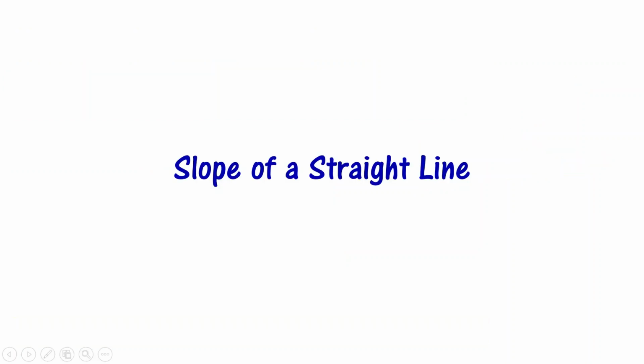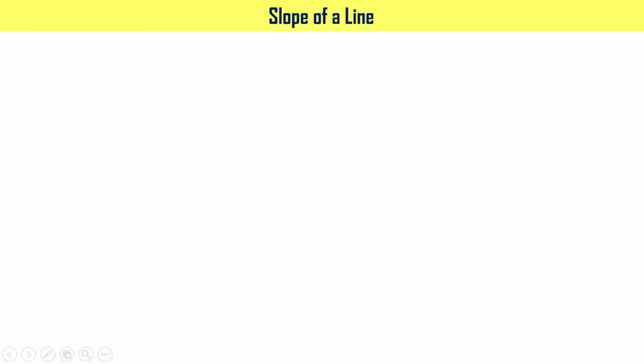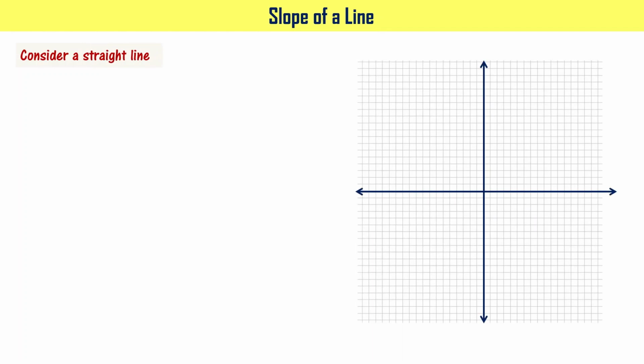Let us learn about slope of a straight line now. Let us consider a straight line as shown here. The line in red color is the straight line we are talking about, right? I'm marking few points on the line. As you see here, I have marked 2 points on this particular line. This is one point, and this is another point, right?